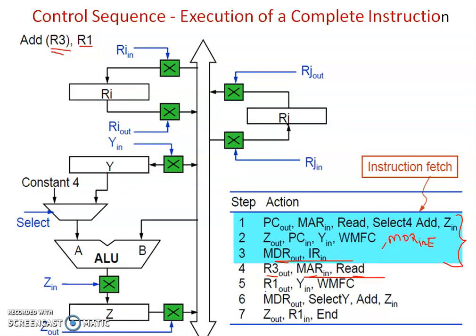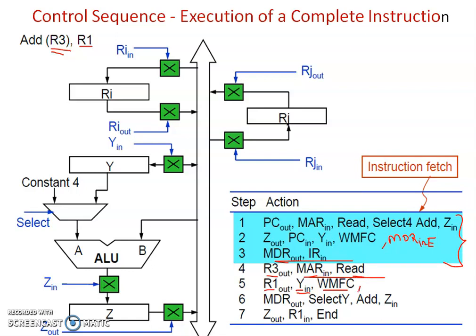So R1 out is initiated. Y in, that is R3 will be having some memory address which will be available in MDR once the memory function is complete, and that value will be stored to Yn.